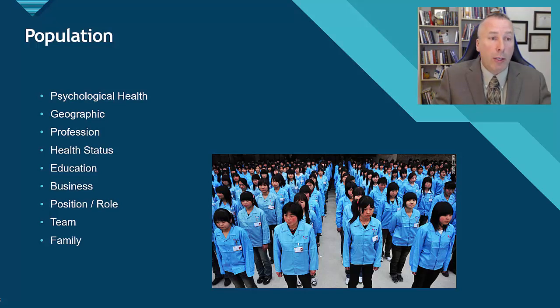We may also narrow down our population by looking at a certain business. I kind of mentioned this before, profession would be something more specific within that business. Here, perhaps we can look at, okay, is it a nonprofit organization? Is it a school? Is it a for-profit manufacturing facility? And on and on. Position and role.